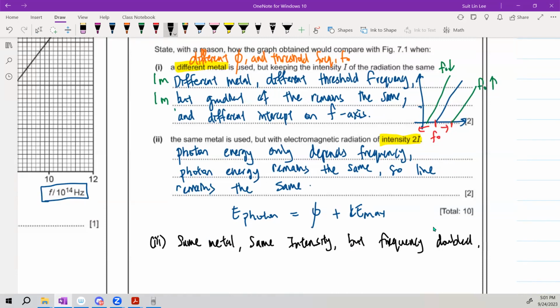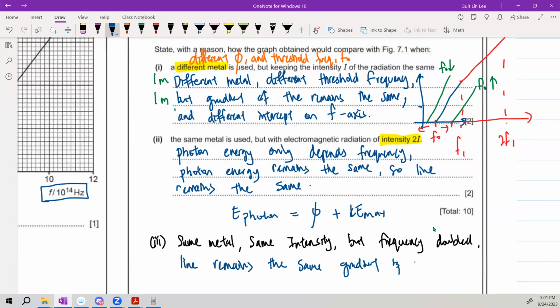So if your frequency is double, it just means that your graph is longer. So from here, let's say this is f1. Then I double it, then here is 2f1. The line is, this is a troll question. The line remains the same, gradient and intercept on the f-axis.